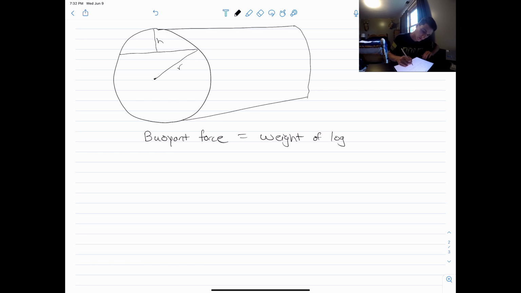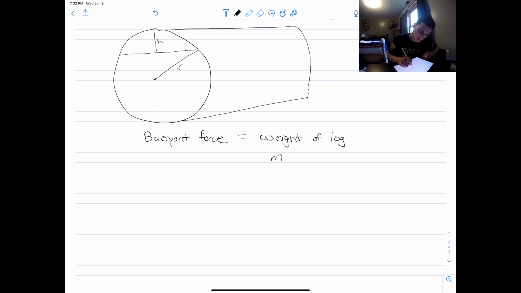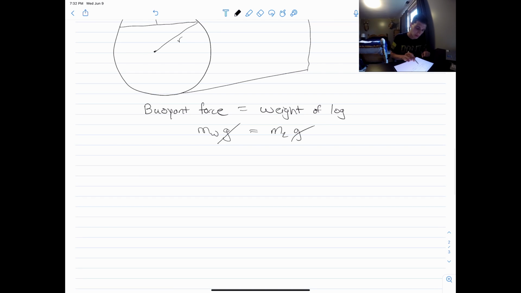Well, the weight of the log is m, the mass of the log, times our gravitational constant. And that is equal to the mass of the water displaced times our gravitational constant. Well, there's a g on both sides, so we get rid of that g constant. So now we're just left with mass.